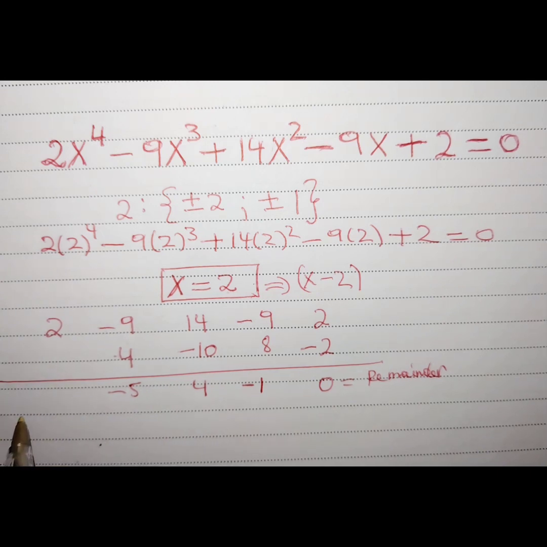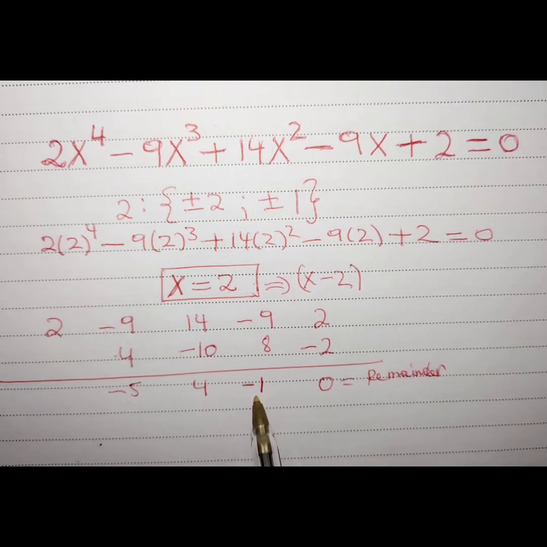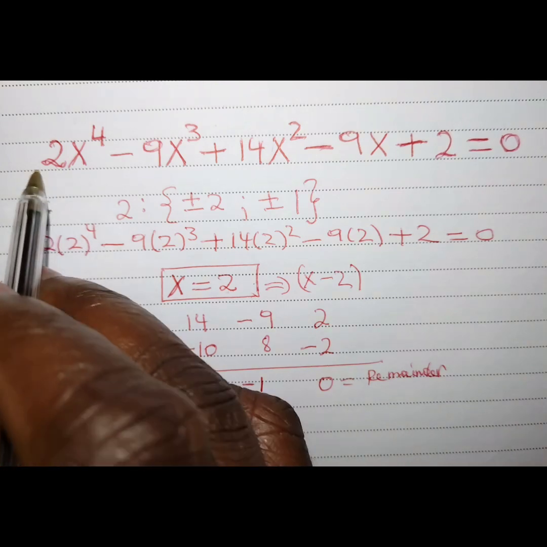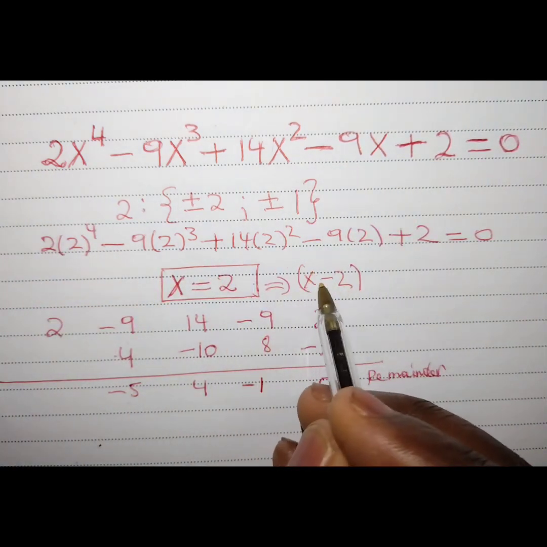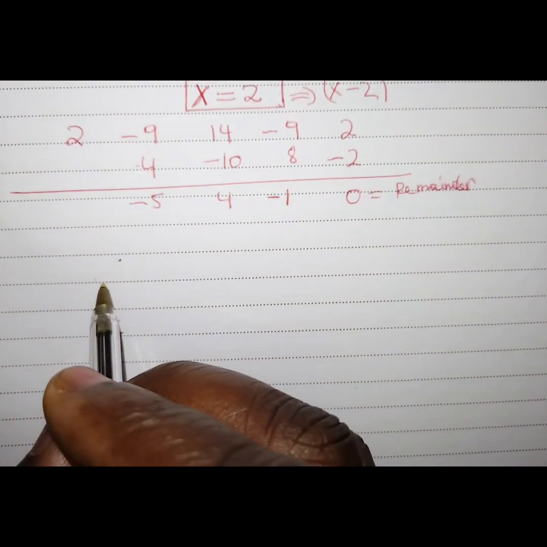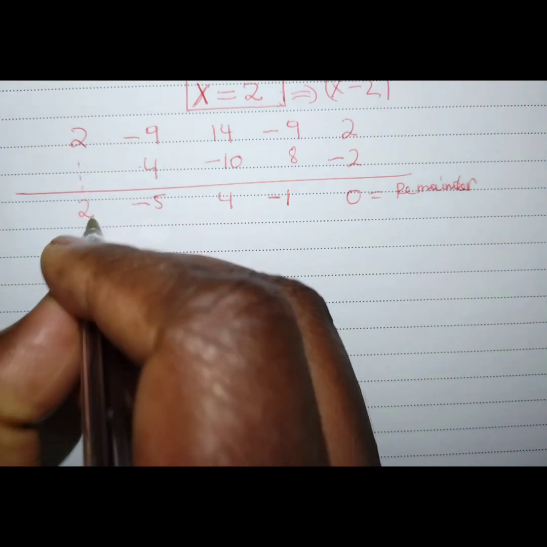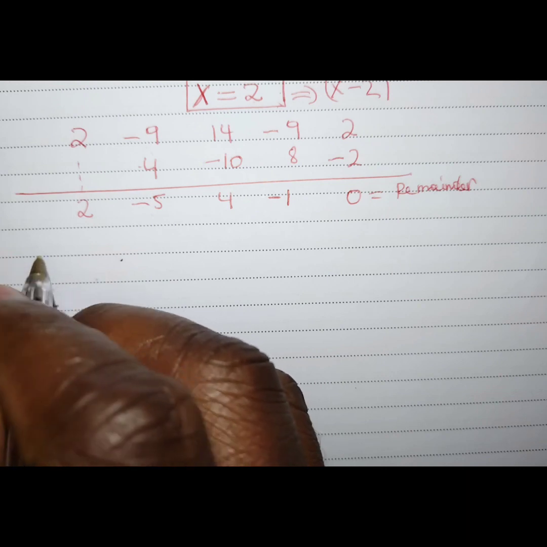Now, how do I find that equation there? Having these values here, minus 5, 4, minus 1, will help me to write the equation that is obtained when the quartic equation is divided by the binomial x minus 2. I'm going to bring down 2. So this 2 will be the coefficient of the first term.